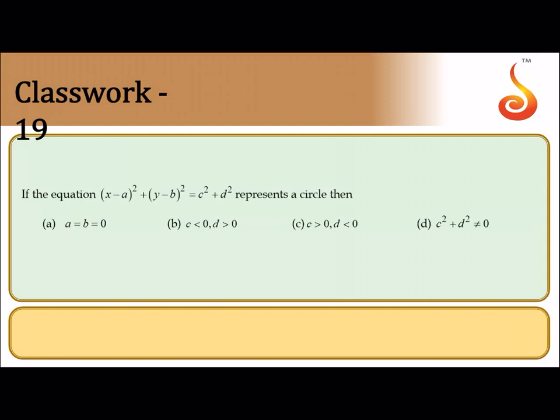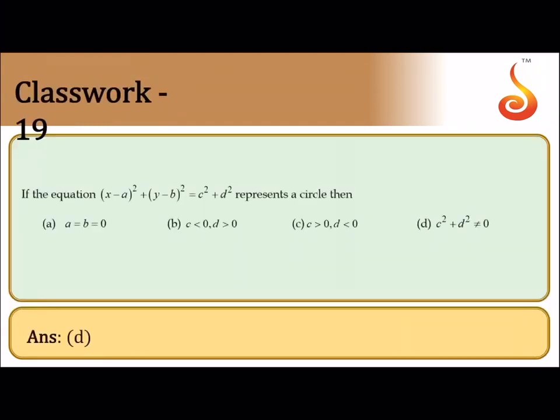The equation (x minus a) whole square plus (y minus b) whole square is equal to c square plus d square represents a circle if c square plus d square is not equal to 0. A simple concept. If c square plus d square is equal to 0, it becomes a point circle.